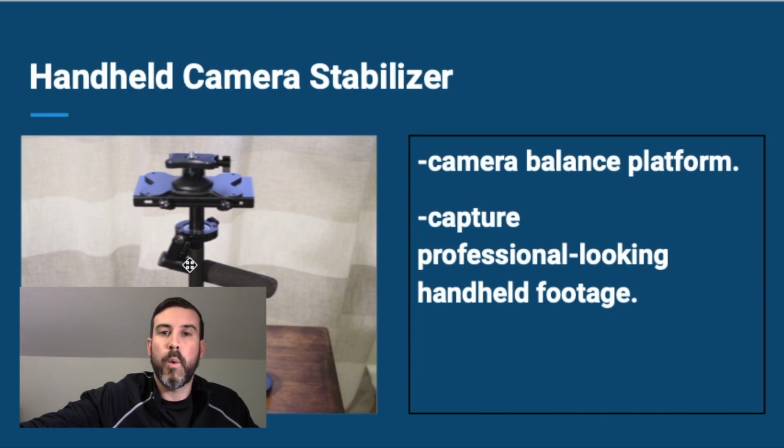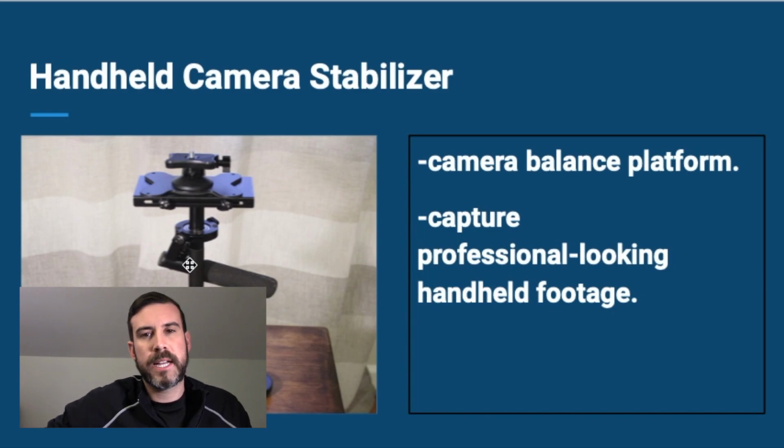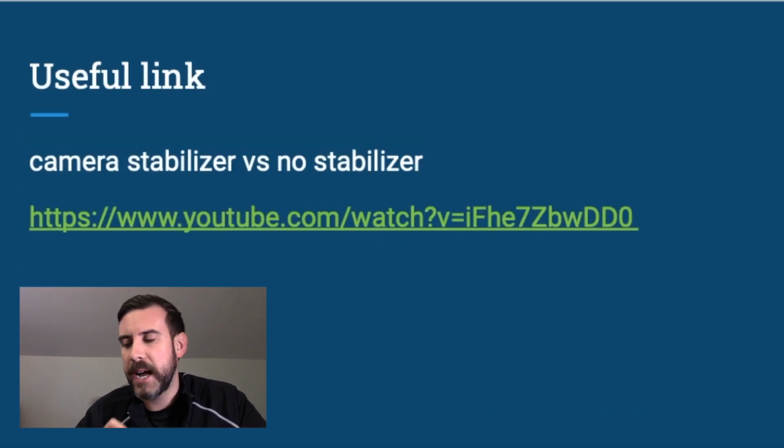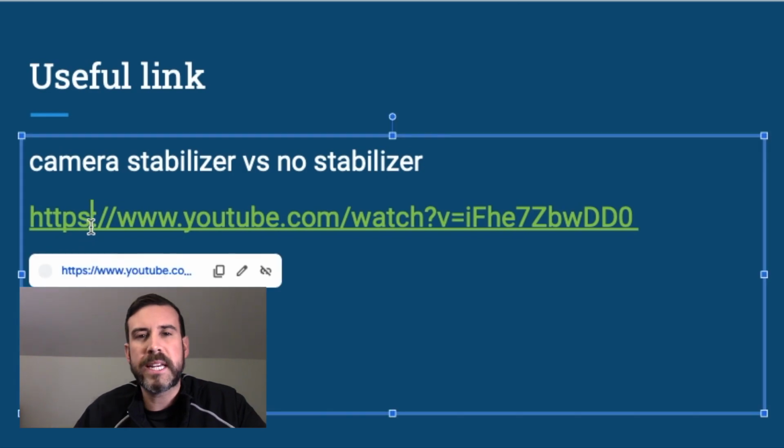So why do we use a handheld camera stabilizer? Well, we're using a handheld camera stabilizer to get professional, high quality footage. And high quality footage does not always mean that we need to have a very expensive camera like this.